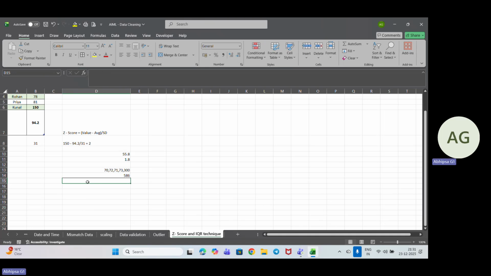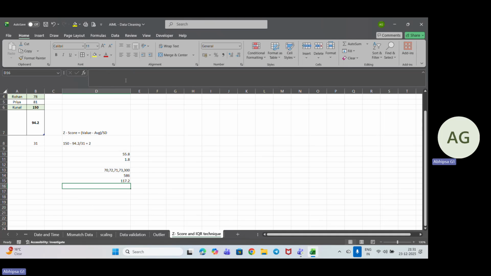And we have to divide it by 1, 2, 3, 4, 5. So we have got the value as 117.2.